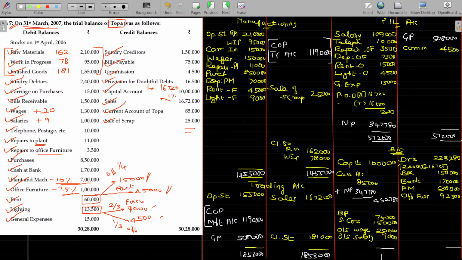Get me the total of balance sheet. Hope the total being 16 lakhs 86,780. Are you getting this answer finally? We have missed to post the stocks here, these three.